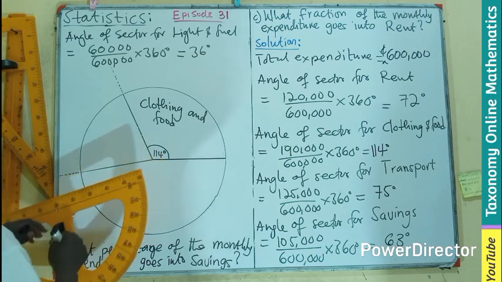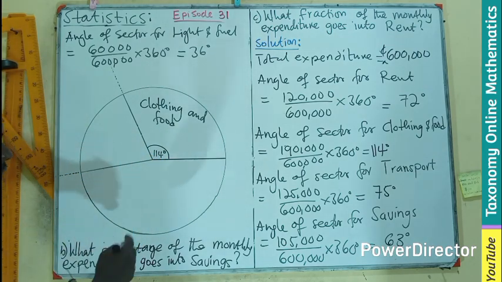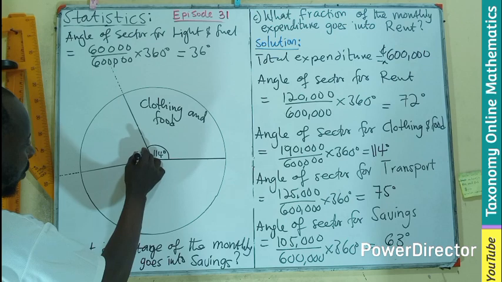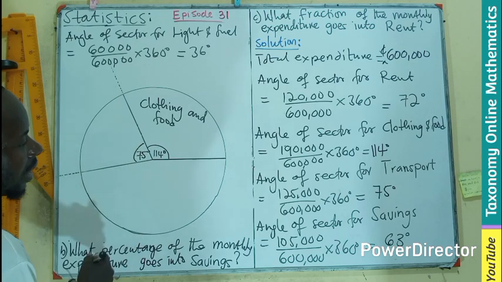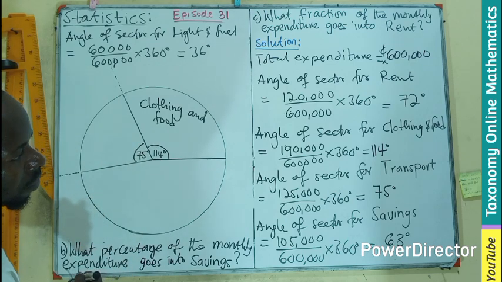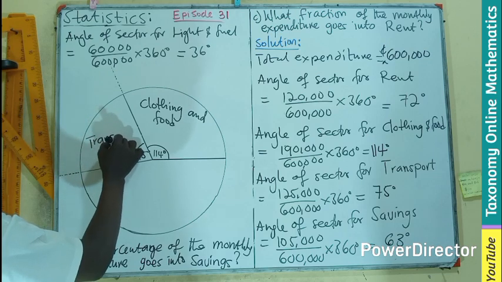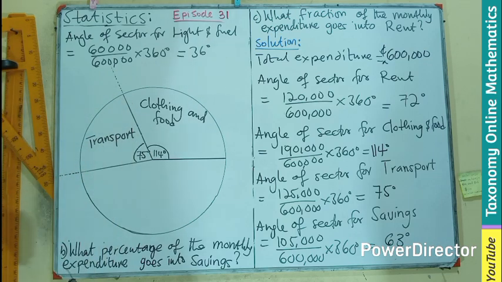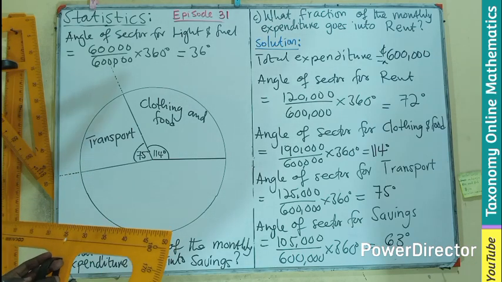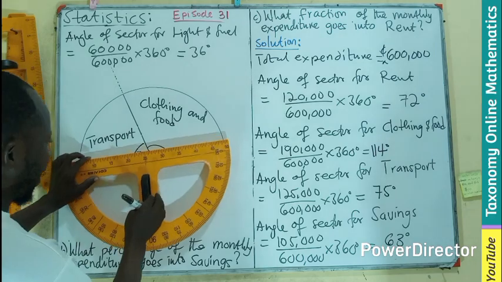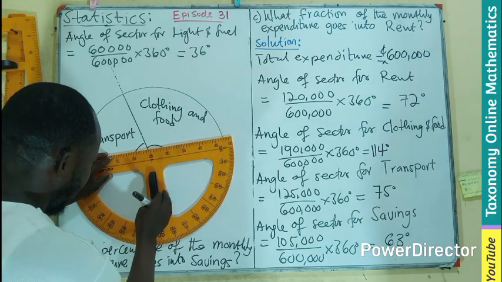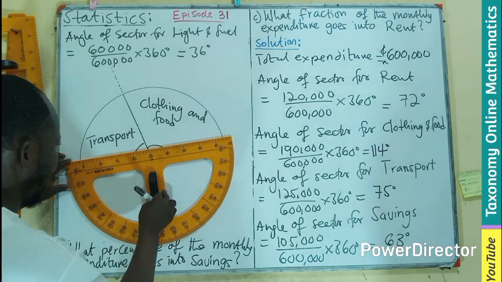So I have to indicate the 75 degrees, and the item is going to be transport. This line now becomes the new radius. So I am still going to be at the center and put a radius there.